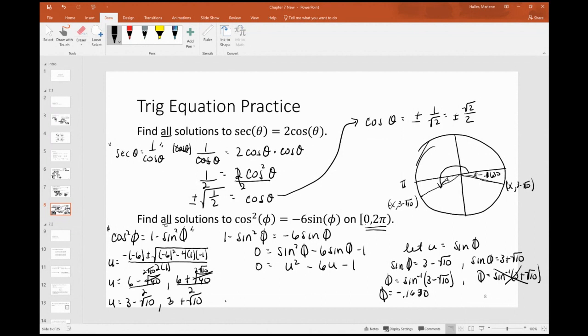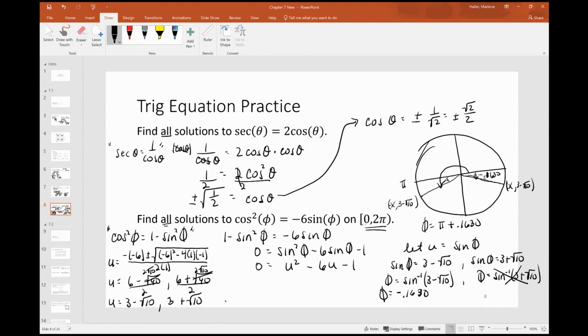When we go in the negative direction like this, we have negative 0.1630, but it's equivalent in measure here, and we're going in the positive direction. So one angle we can identify as a solution is pi plus 0.1630. There's going to be one solution once around.